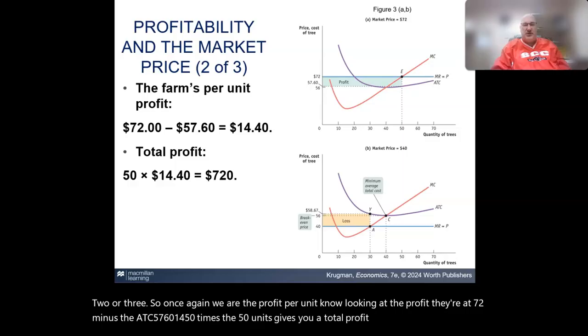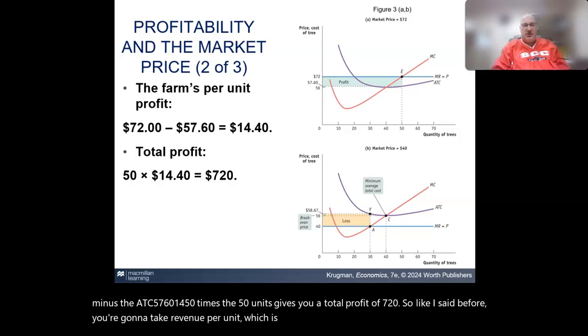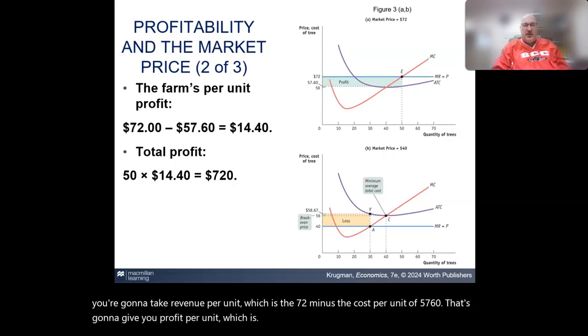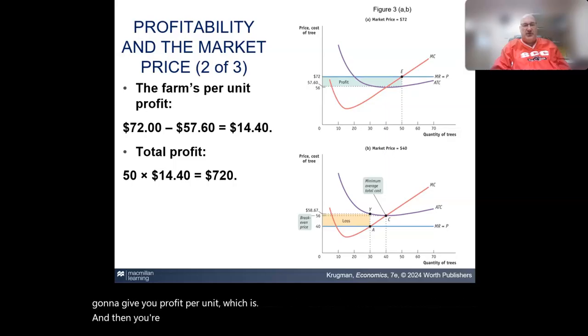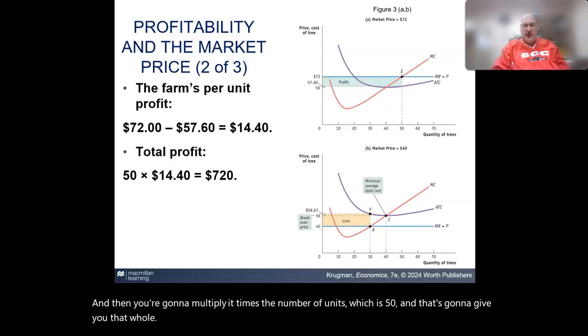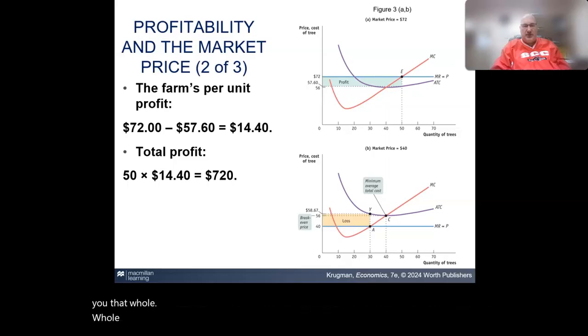Like I said before, you take revenue per unit, the 72, minus the cost per unit of 57.60. That gives you your profit per unit, which is 14.40. Then you multiply it times the number of units, which is 50, and that gives you the whole thing, the total profit.